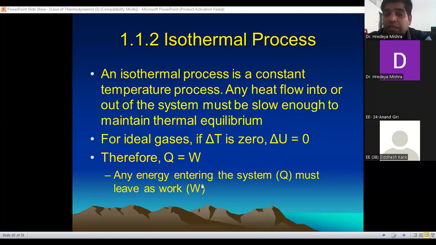Any energy entering the system as Q must leave as work. Whatever heat we apply and is utilized in the process is equal to work done.